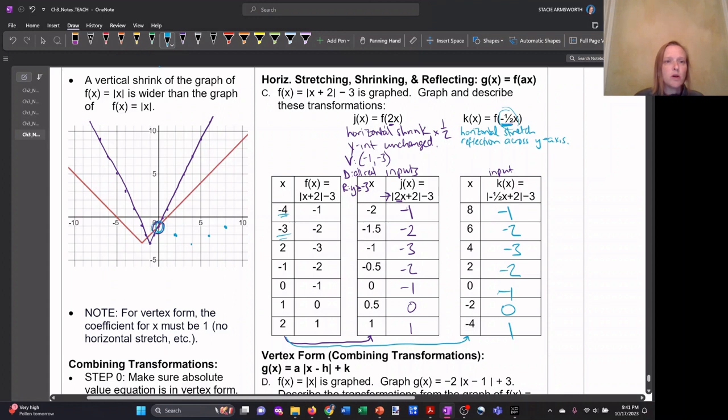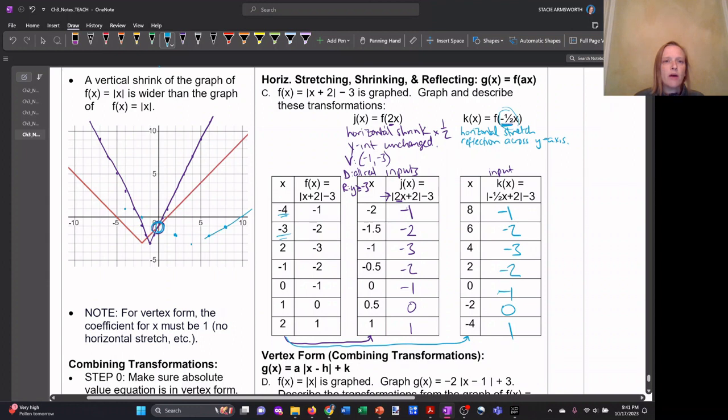Notice that this once again has the same y intercept. I have a point at -2, 0, and at -4, 1.